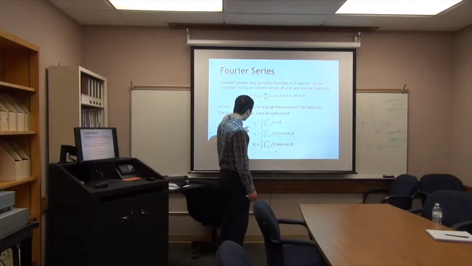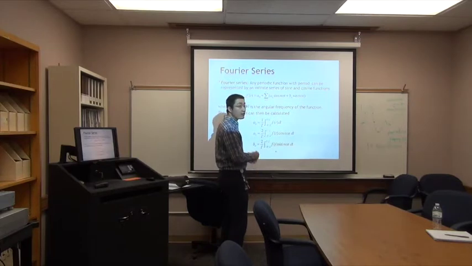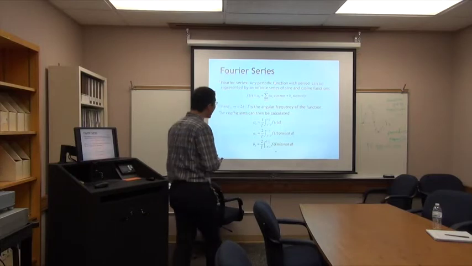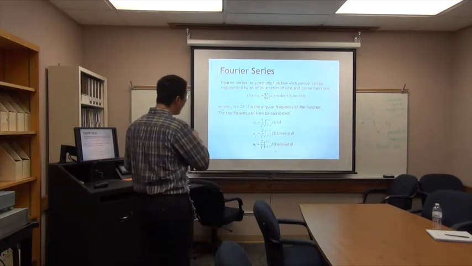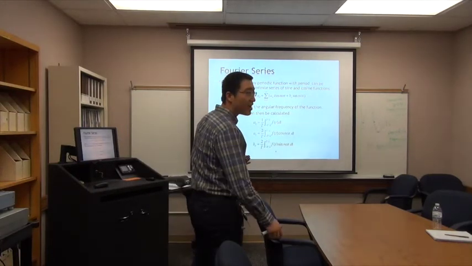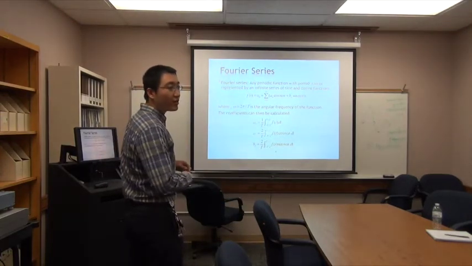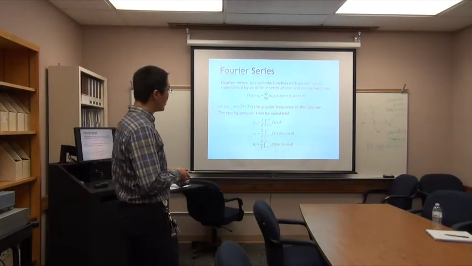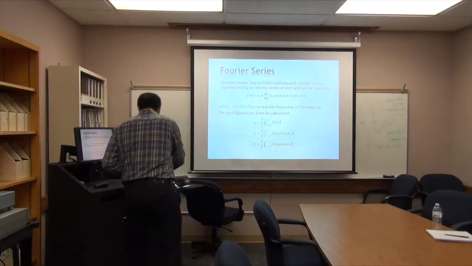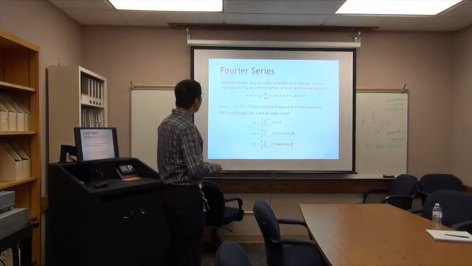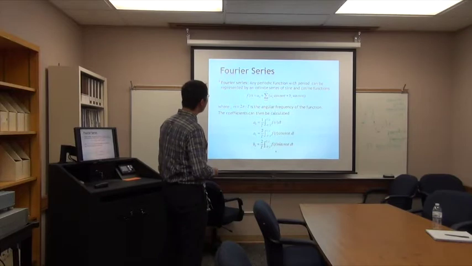So we can have AN and BN with A0 equal to the constant term, B0 equal to 0, and all this combination of AN, BN can be put together to represent the frequency content of a signal. So this is how we achieve a Fourier transform.